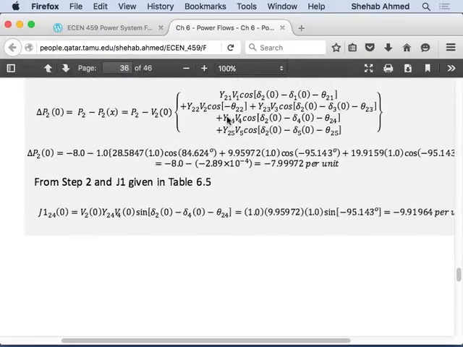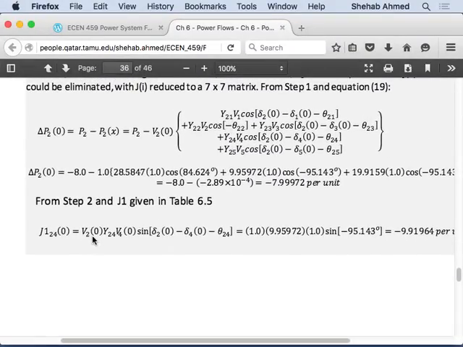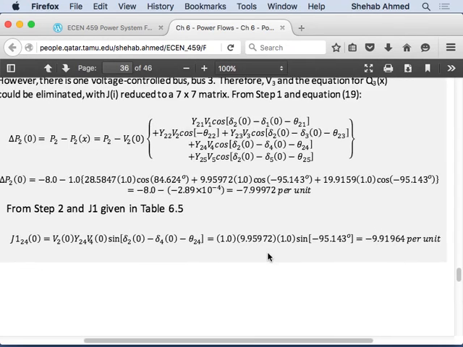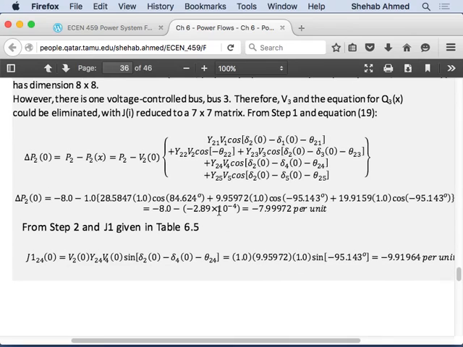They do the calculation for you here. So it's V2, Y24, V4, sine delta 2 minus delta 4 minus theta 24. Now you can construct your Jacobian matrix. If you go through, you can build the whole Jacobian matrix. You can also construct your power sensitivity matrix and look at whether your convergence criteria is satisfied or not.